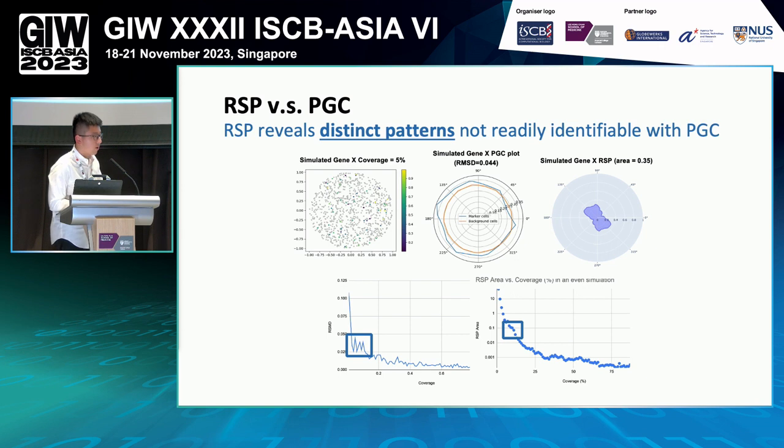Additionally, looking at accuracy, this plot over here shows the RMSD of the polar Gini against the coverage, and the panel on the right shows the RSP area versus the coverage. Compared to the polar Gini's higher variability in the lower coverage range, there is a consistent decrease over here, which indicates that RSP is more reliable when it comes to looking at coverages like these.